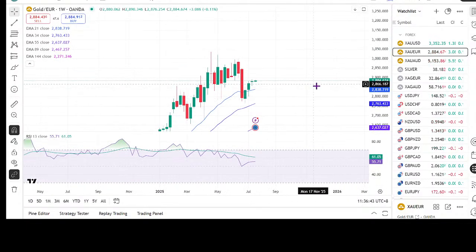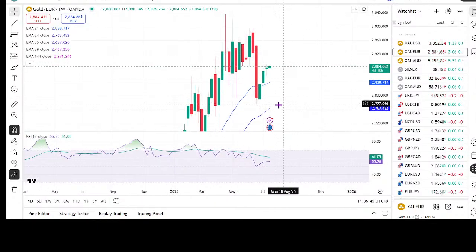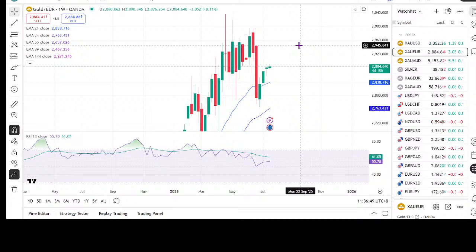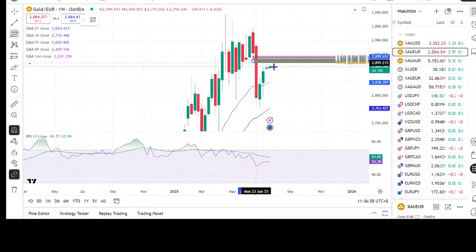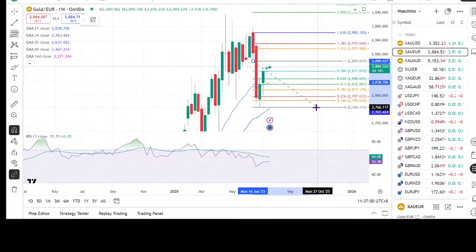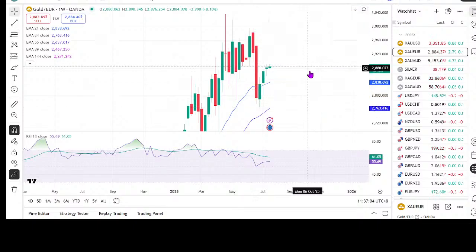Okay, looks like the low is already seen, and we should be looking at a weekly target of 2945 at least, or an extension of this low, which also gives around that level, 2945 or 2935.